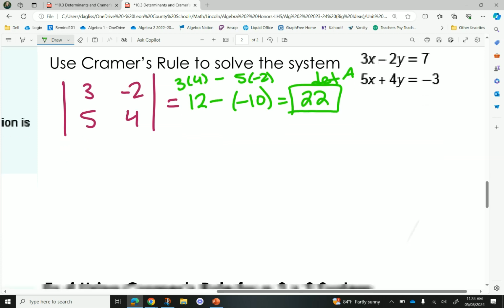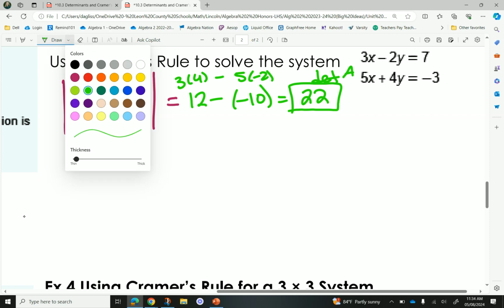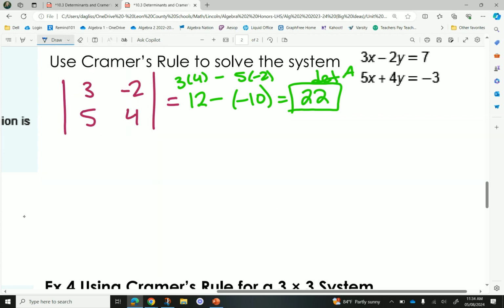Okay, so now let's use our x and our y formulas to find what is missing. To find my variable x, I need the determinant of, here's my solutions, and here's my y's, divided by the determinant we just found.